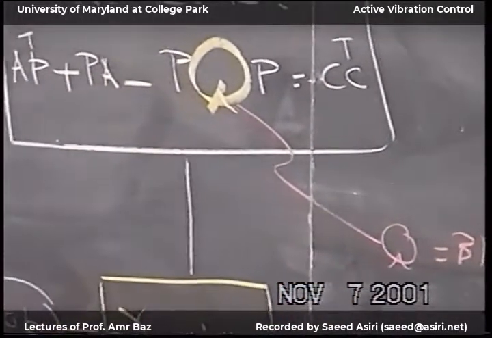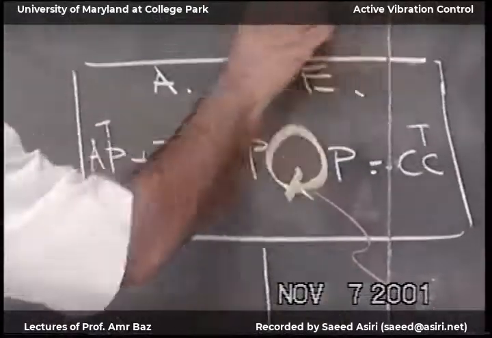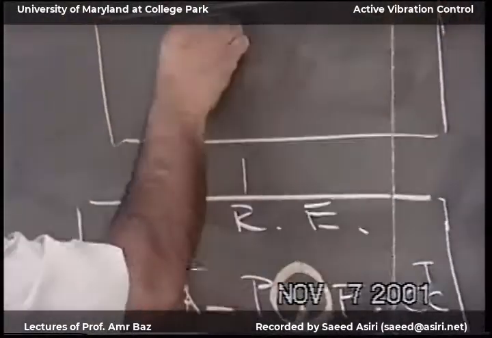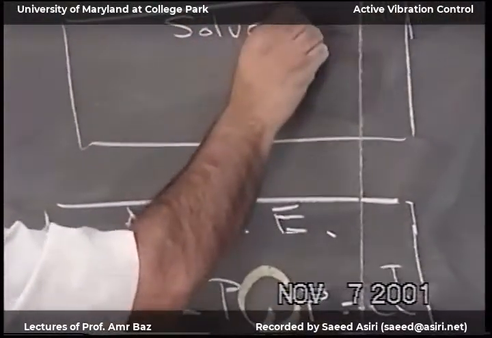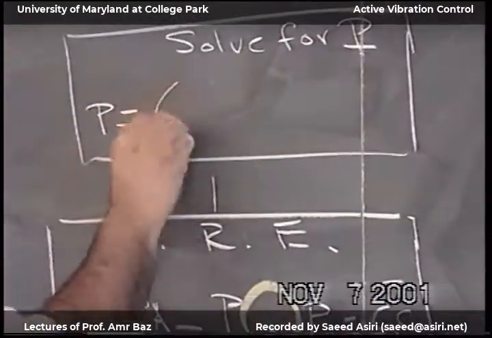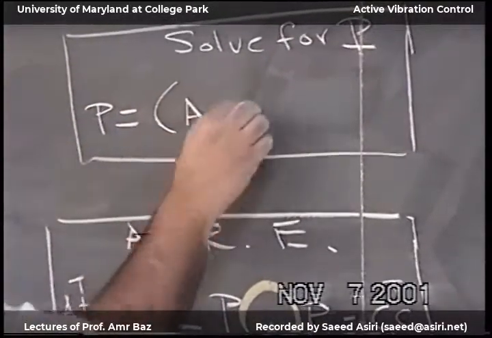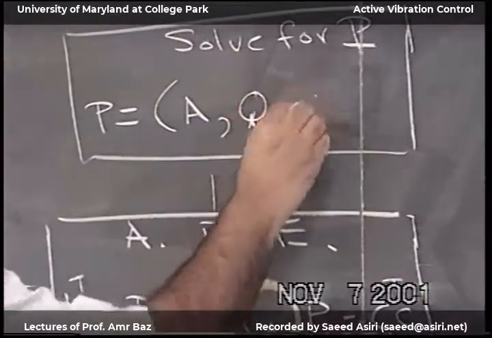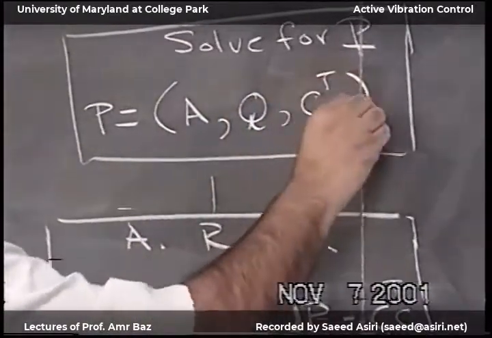This is my algebraic Riccati equation. Solve for P, and P will be a function of A, Q, and C transpose C.